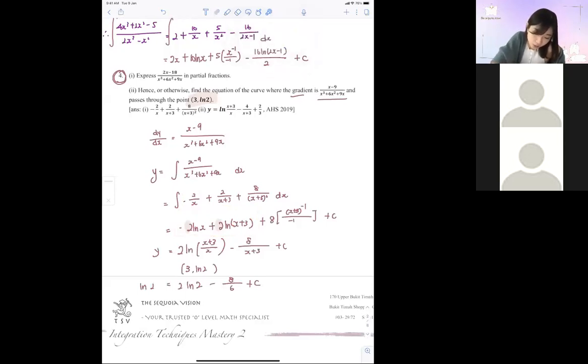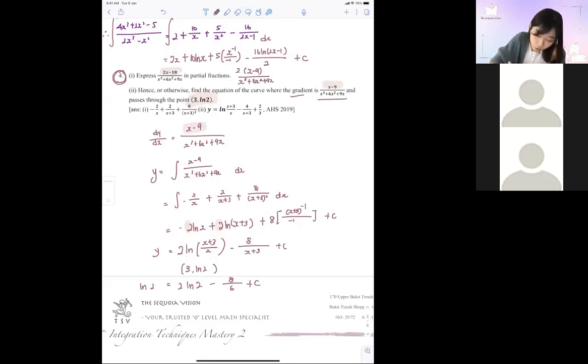Okay, so this part here, I forgot. Very good. So this one is x minus 9, but the one that they asked me to express is 2x minus 18, right? So the difference between the two, you can take out the 2 from the top.